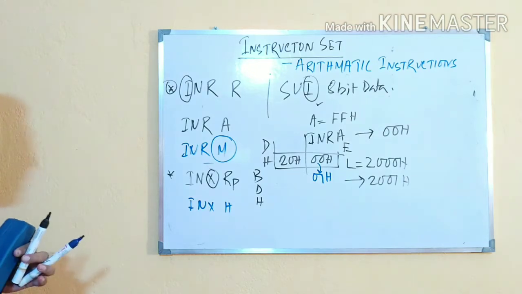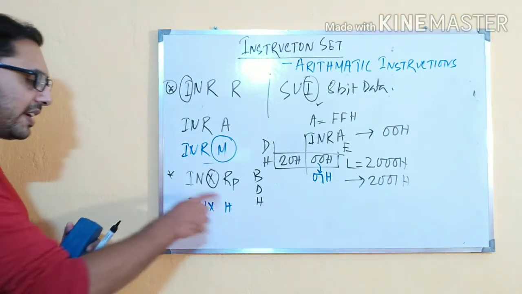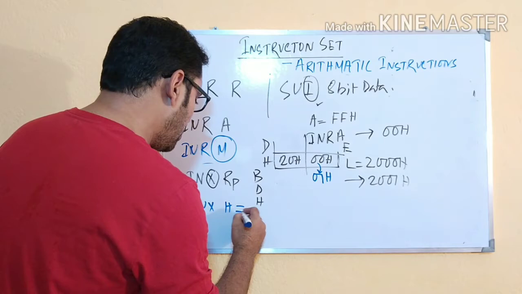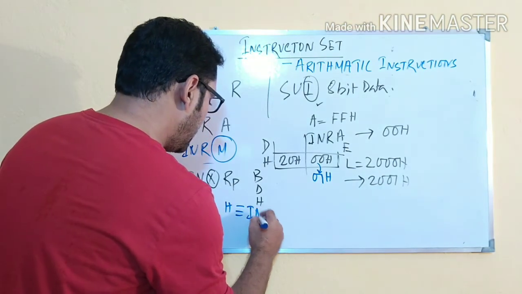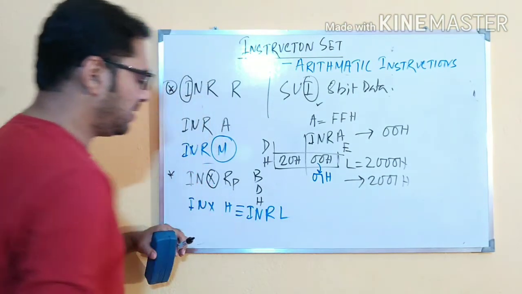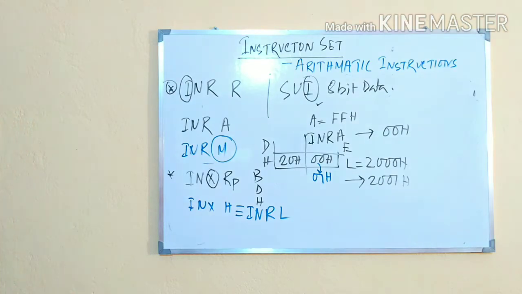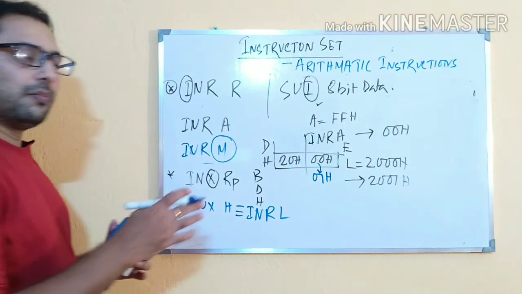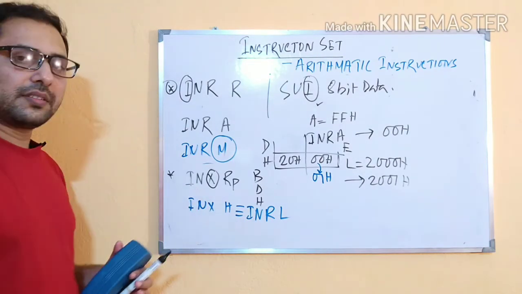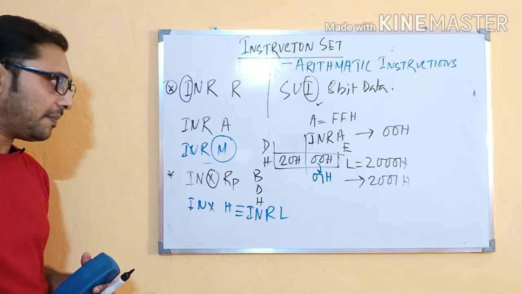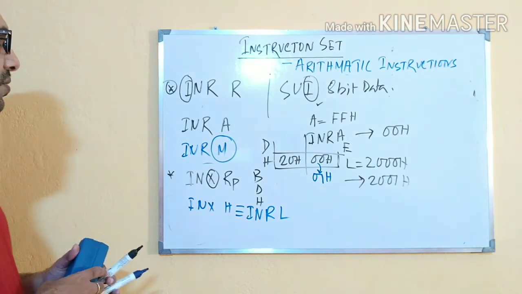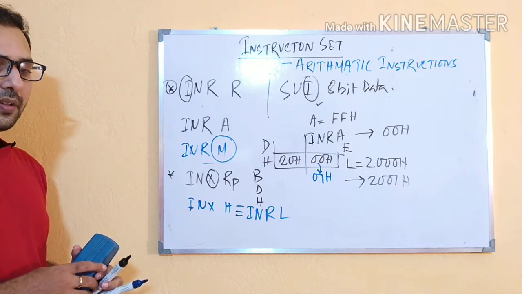Remember, it cannot increment the value of H. So INX H is basically equivalent to INR L. Hopefully you can understand. INX H and INR L both will give us the same result. Okay, so that is all about increment operation.